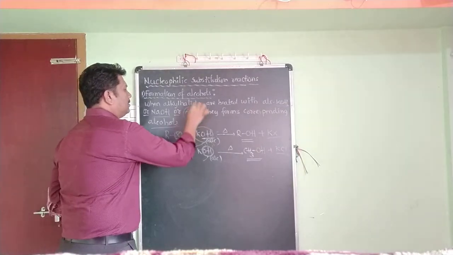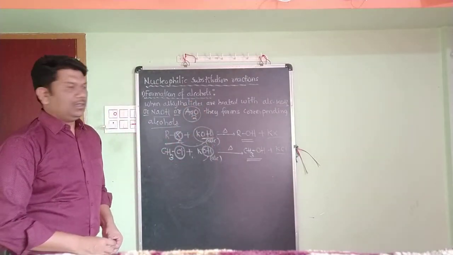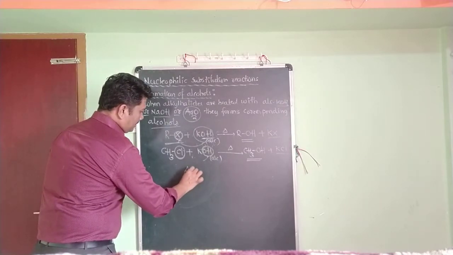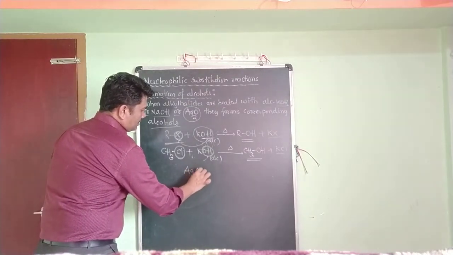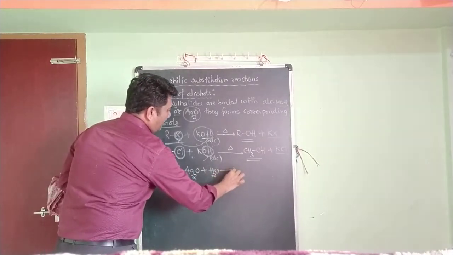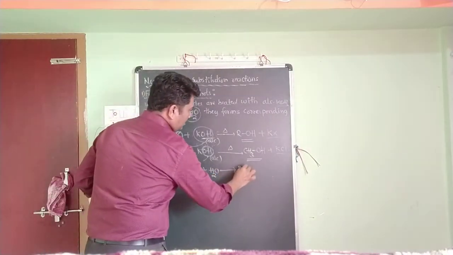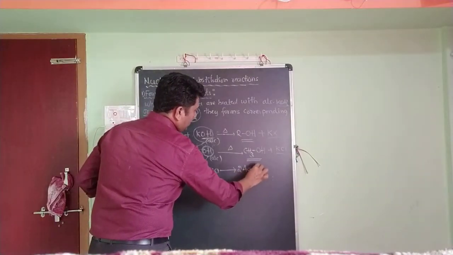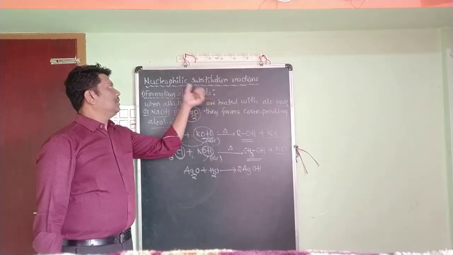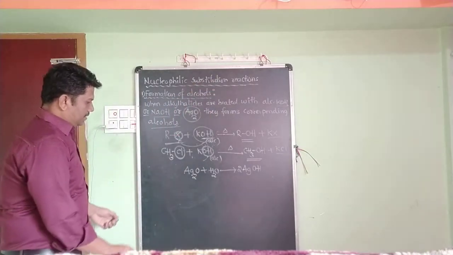Even you can take silver oxide also. If you take silver oxide, first you should make it hydrolyze. Silver oxide plus H2O, you make it hydrolyze, it will become silver hydroxide, that is AgOH. Then you have to carry out the nucleophilic substitution reaction here.